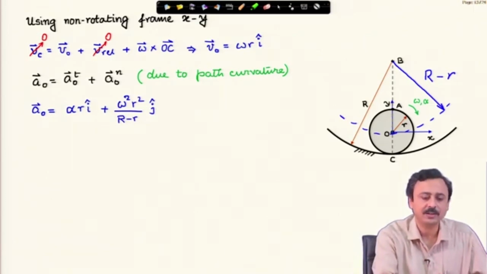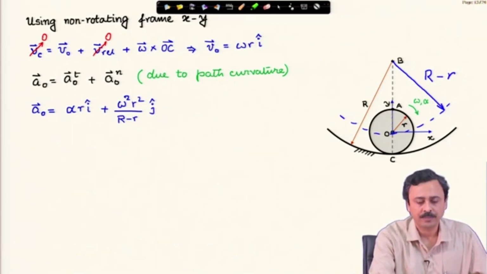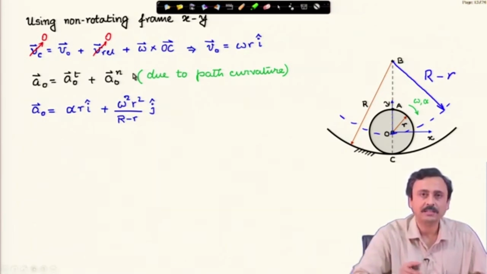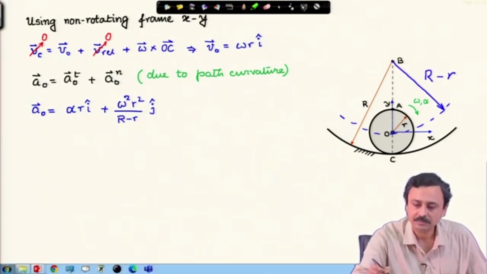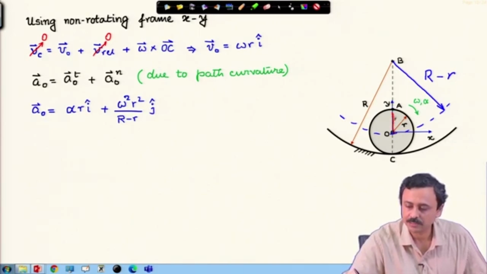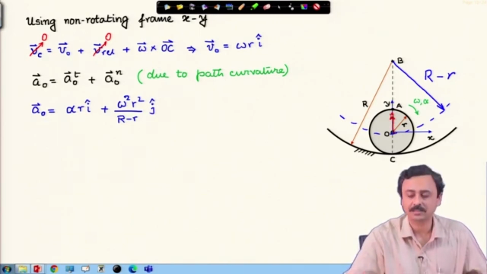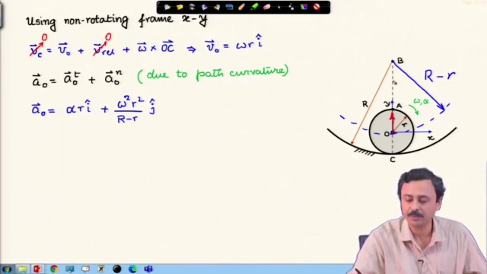Therefore, the tangential acceleration is alpha r i cap, whereas the normal acceleration, which is of course in this direction, is centripetal acceleration towards the center B. So, that is the normal acceleration, this is the tangential acceleration.